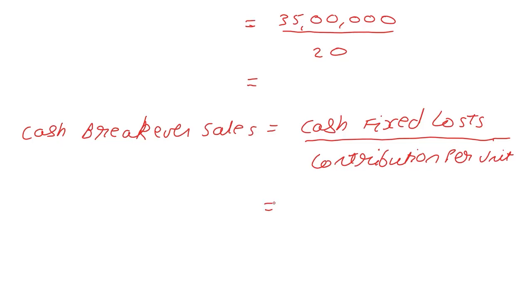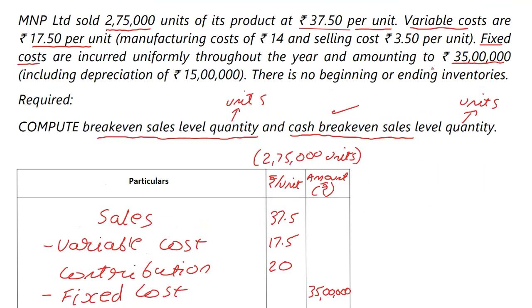What is my total fixed cost? It is 35 lakhs, out of which 15 lakhs is depreciation. Depreciation is a non-cash expense, so I'll subtract it.